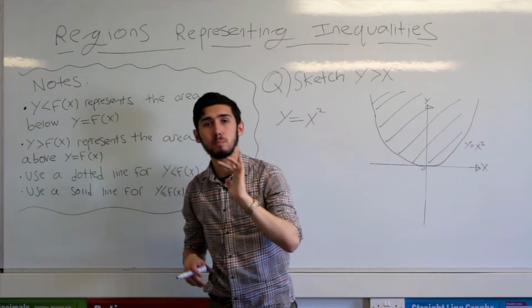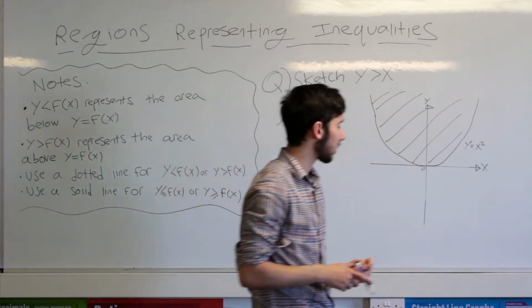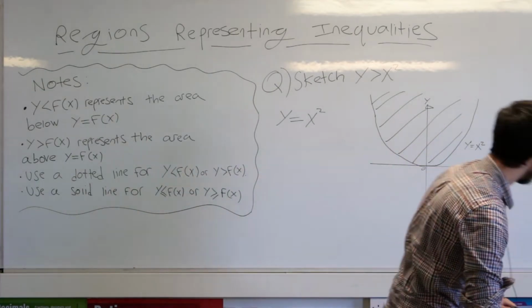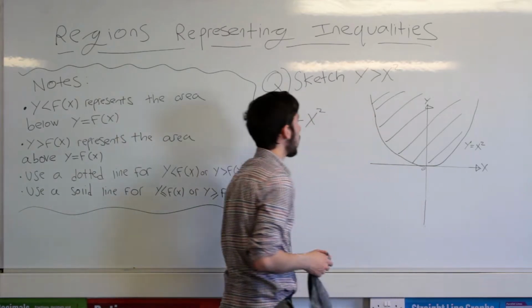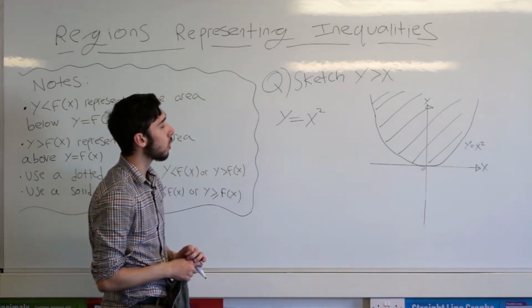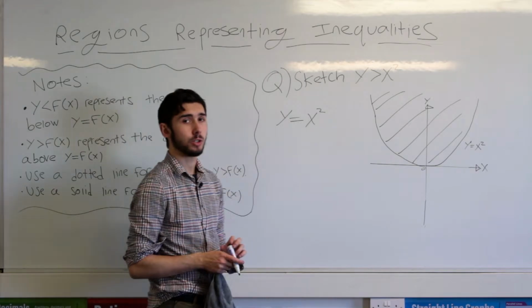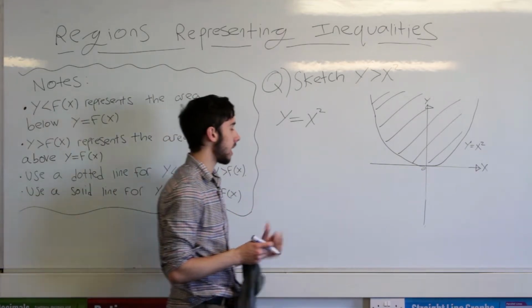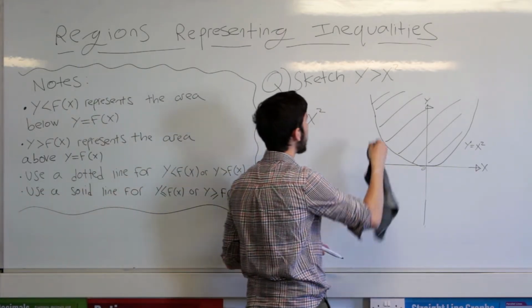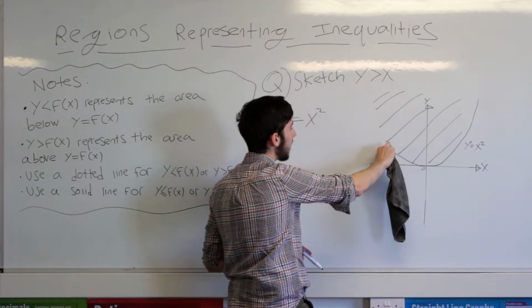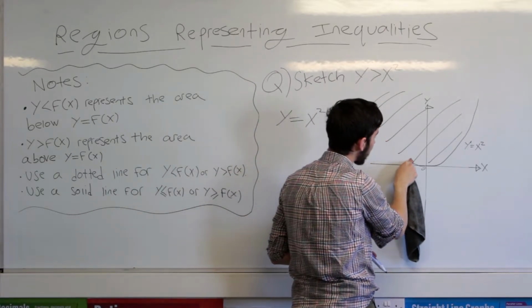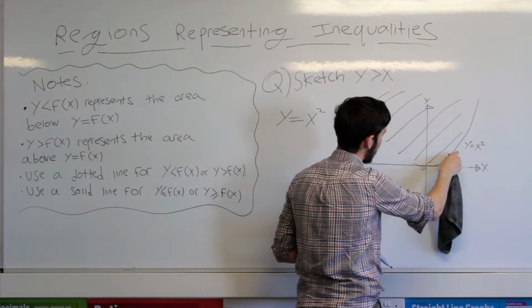But there's one more thing that we must take into consideration, and that is the lines. Do we use solid or dotted lines for this question? Well, as per the notes again, we need to use a dotted line because the inequality does not actually include the function itself.